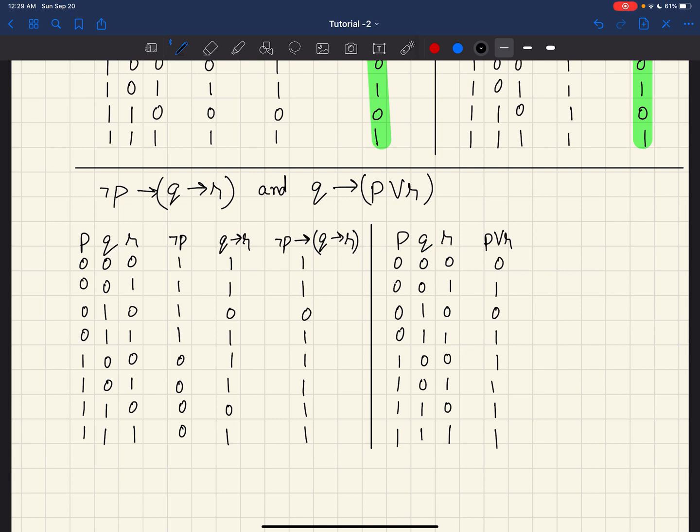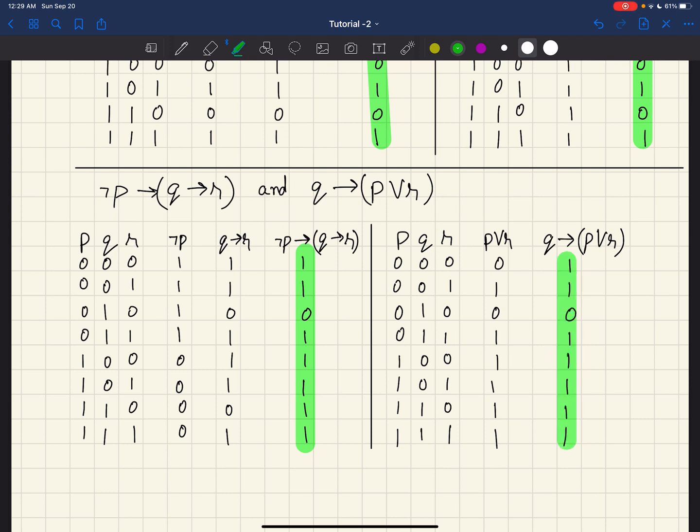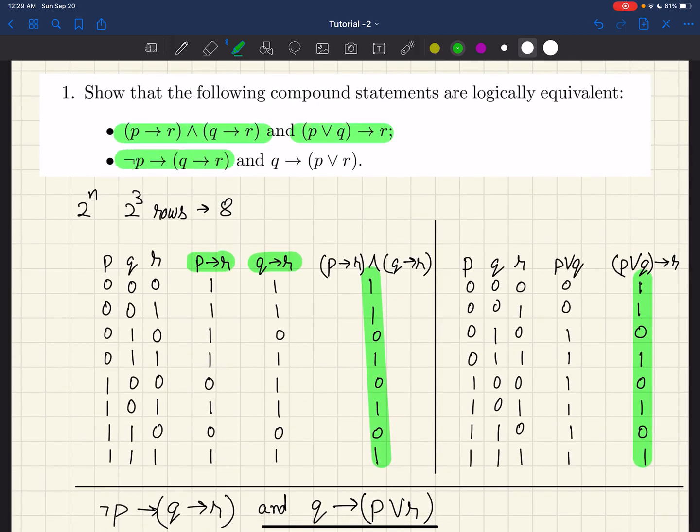And for the next part it's Q implies (P or R). So this would be 1, 1, 0. And since P or R is on the right hand side, all of these ones would straight away come here. Again, if you compare this and this, they both are exactly the same. So these two statements are logically equivalent as well.